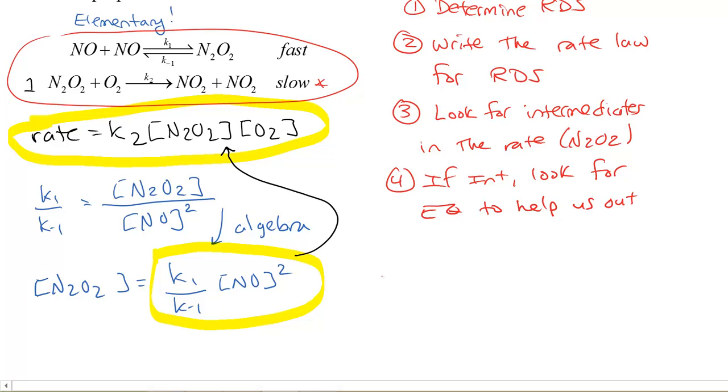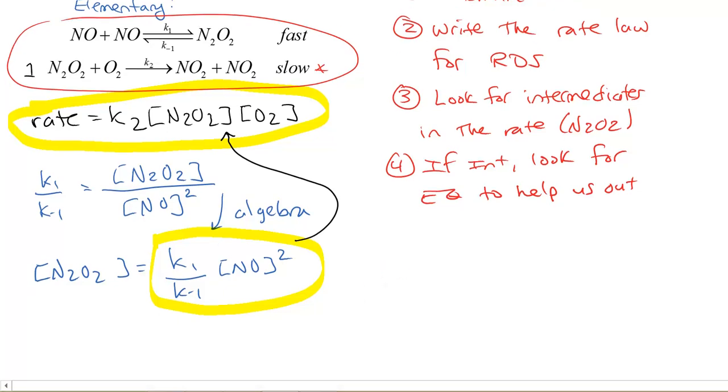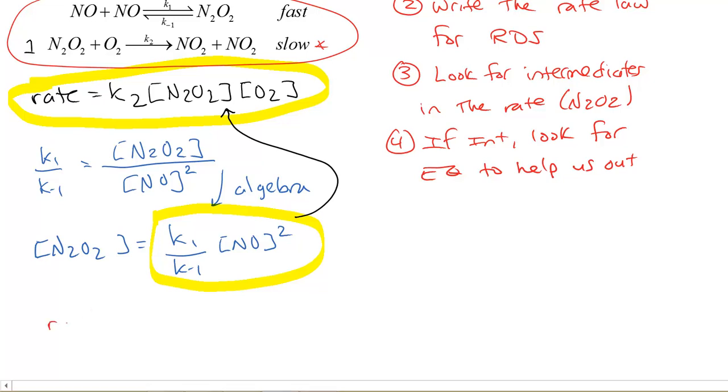The way it works is this. I say that rate is equal to K2 times N2O2 and O2. There's my rate law from my mechanism, but I'm going to substitute in for this.